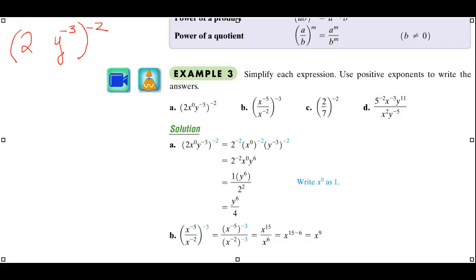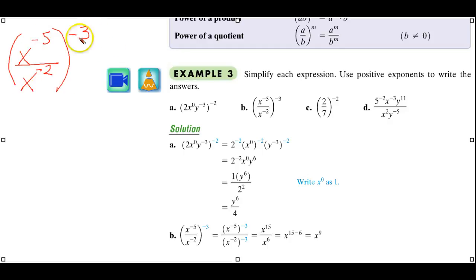That makes it a little easier. And now what do we have? Well, there's a 1 there, remember. 2 to the negative 2, you might remember, goes to the denominator as 2 to the 2nd, which is 4. And negative 3 times negative 2 makes this a positive 6. And that's our answer.